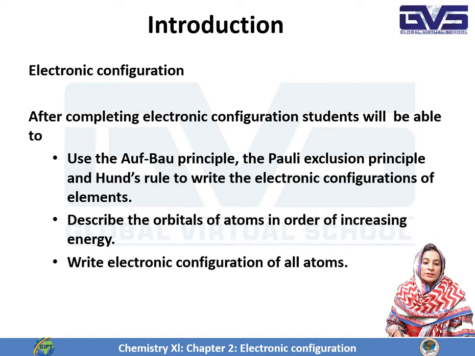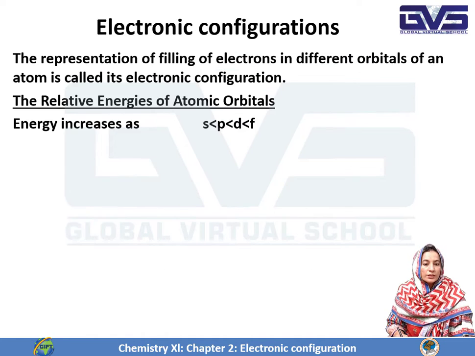And you will be able to describe the orbitals of the atoms in order of their increasing energy levels, which subshell has less energy, which has higher, and how we can give the order to them in increasing order or decreasing order. Then you will be able to write the electronic configuration of all types of atoms that are given in the periodic table.